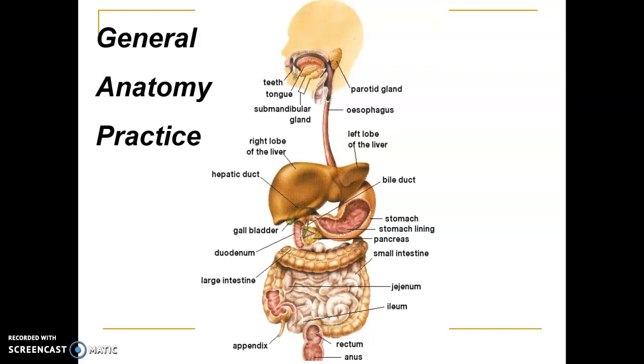It's good. All right, hepatic duct. Hepato refers to liver. So that takes the bile down to meet the common duct. So the hepatic duct takes the bile from the liver to the gallbladder. Gallbladder stores the bile. Bile is amazing. It's like Dawn dishwasher soap. It emulsifies.